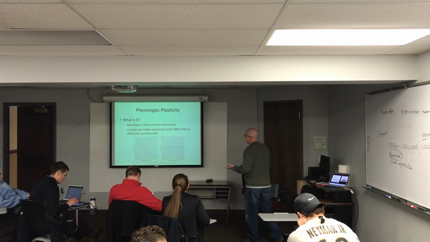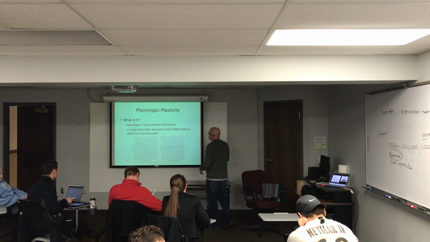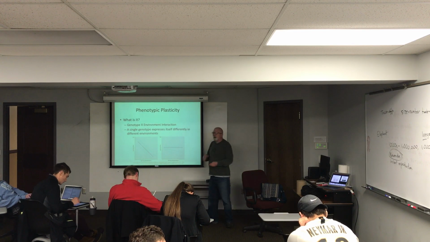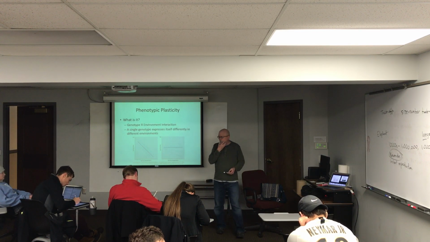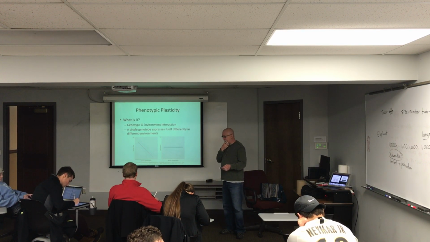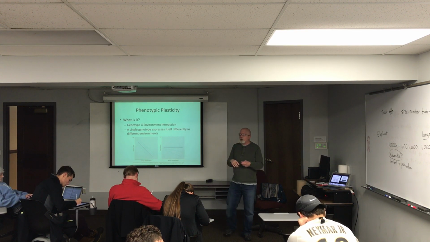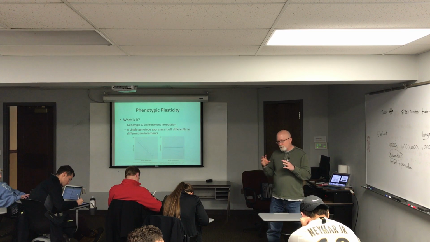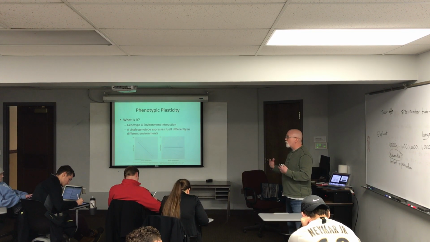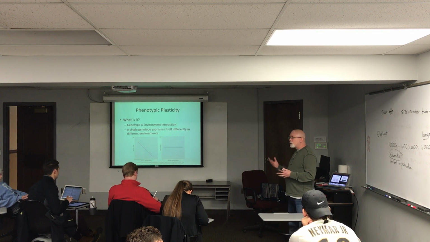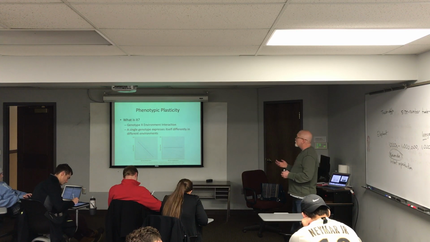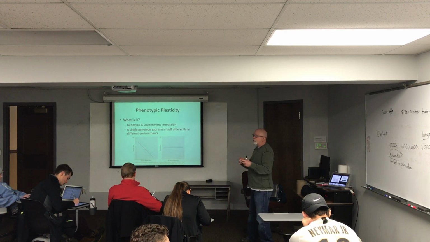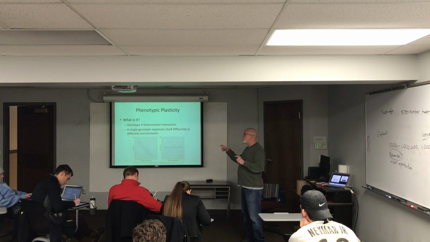Phenotypic plasticity. We generally define this as a genotype by environment interaction. I don't think we spend a lot of time in genetics class talking about phenotypic plasticity. But basically, fruit flies and nematode worms are nice to look at for things like phenotypic plasticity because it allows you to put a single genotype in lots of different environments.